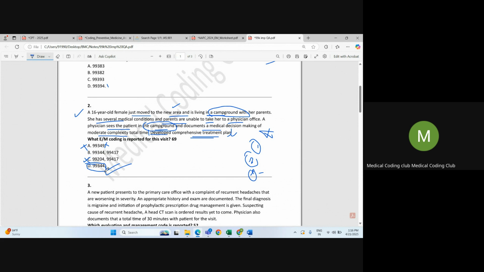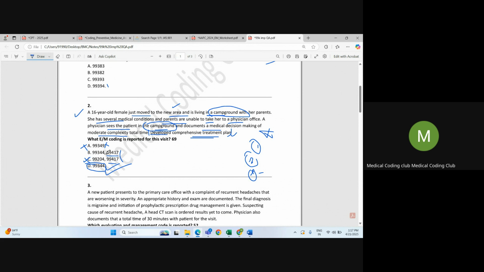You can see options B and C have 99417. This is an add-on code for prolonged service. If you meet beyond the high level E/M and further meet an additional 15 minutes, you can take this prolonged service code, but these options are incorrect.